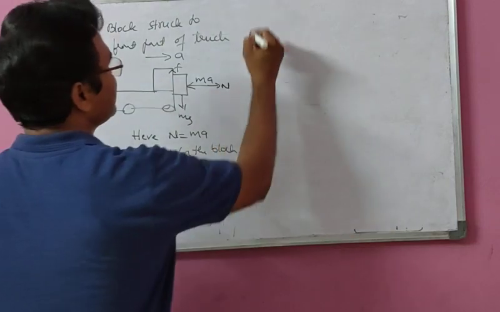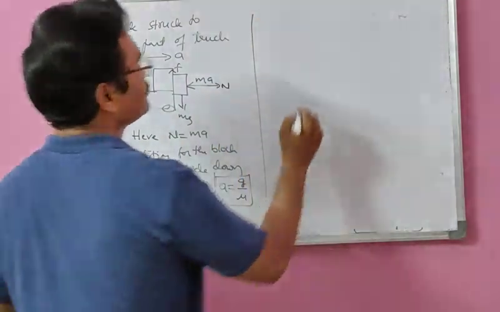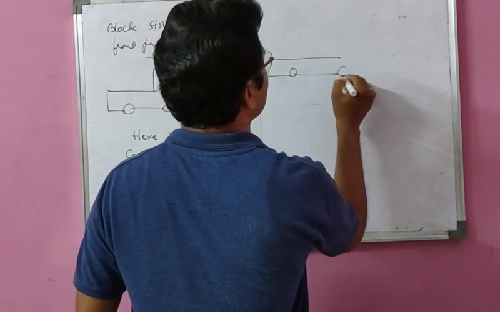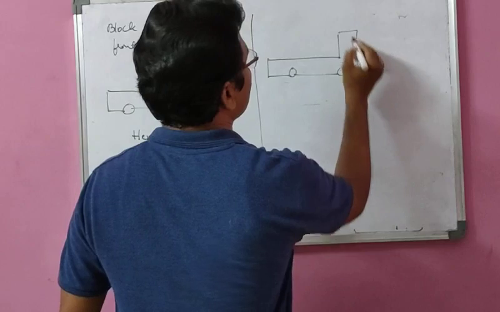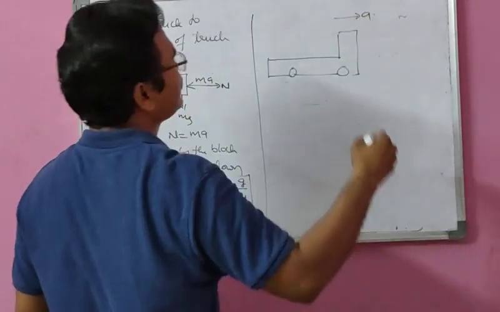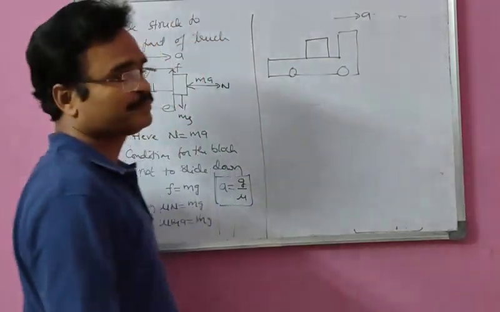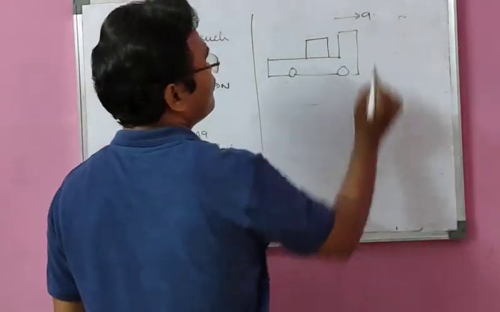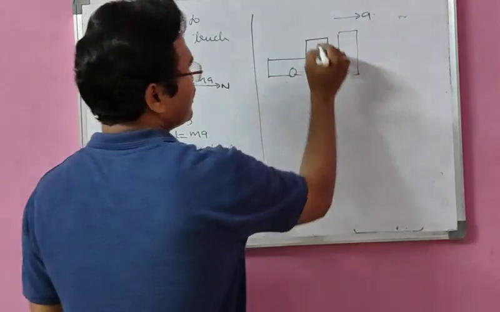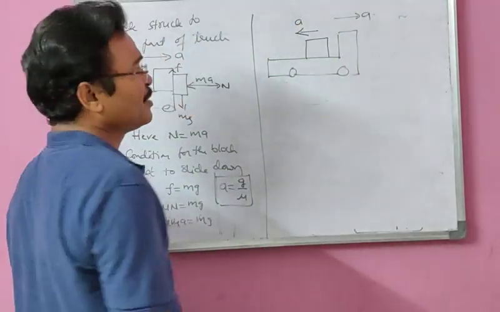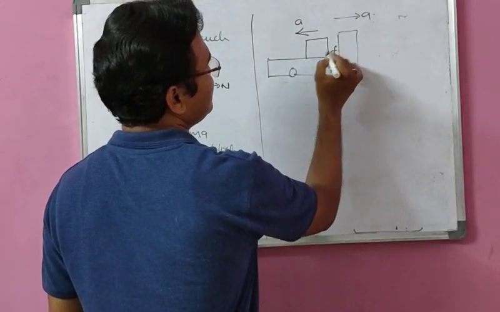Okay, now the second case. This is a truck again, moving with acceleration a. A block is kept here on the back of this one, and when the truck is going forward with acceleration a, the pseudo force acts on this block, and the frictional force acts like this.